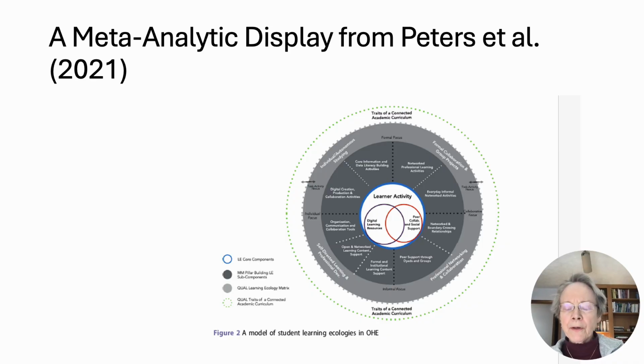So this is Peters et al.'s final meta-analytic joint display in the form of a circle. And he said he got the idea from Bustamante. So this is a multi-layered figure. Each layer represents a different joint display and what is learned about the construct from the different joint displays.